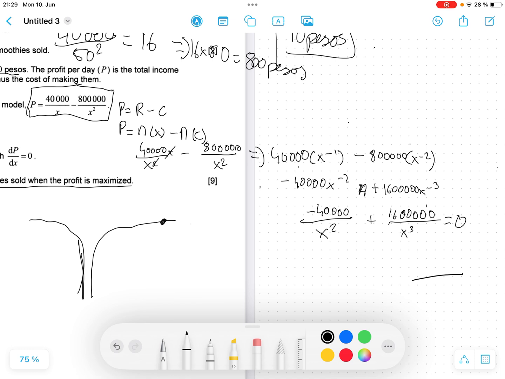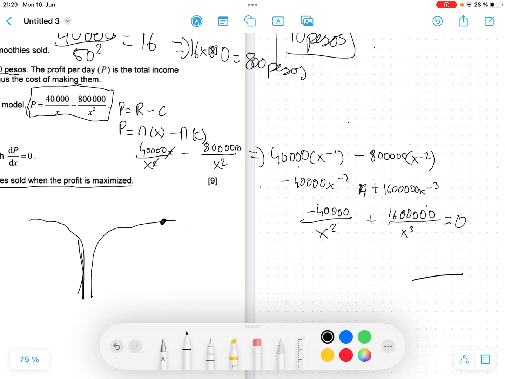So we say negative 40,000 over x squared plus 1.6 million over x cubed, and then we go to y-cal on our calculator and set it to 0.